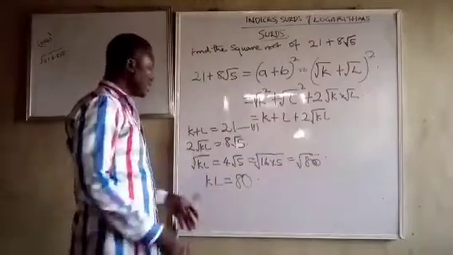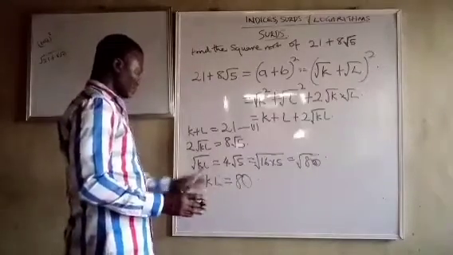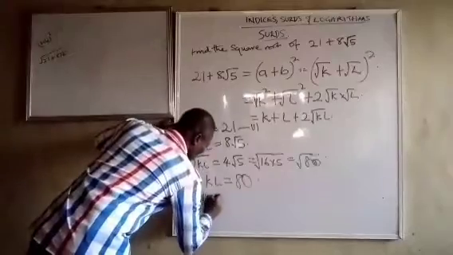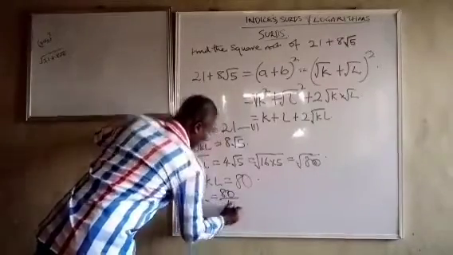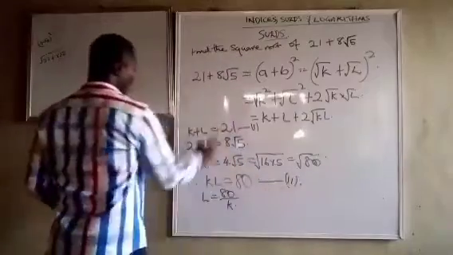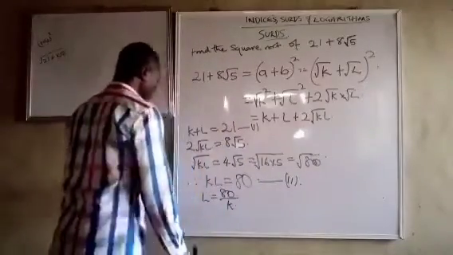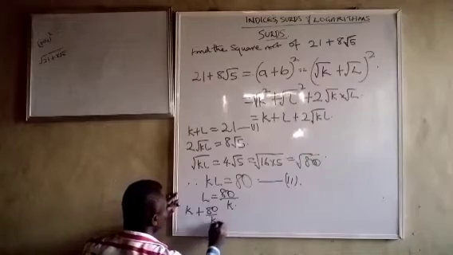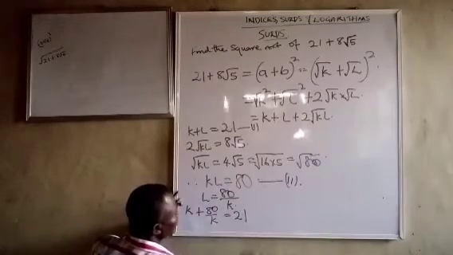From here, you can use any technique you prefer. I'm going to do it in two ways now. Let us make l equal to 80 over k and substitute into equation 1. So we have k plus 80 over k is equal to 21.